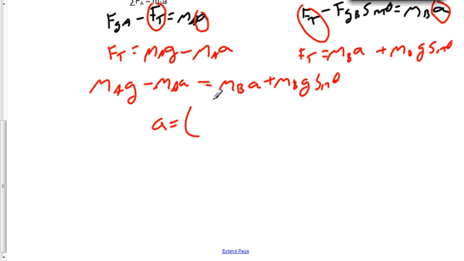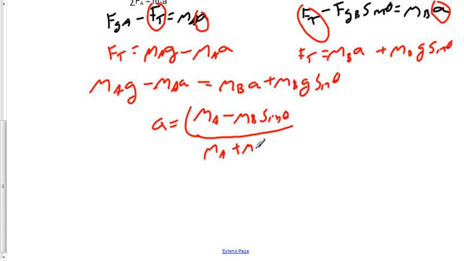What you should end up with is that the acceleration is equal to MA minus MB sine theta over MA plus MB, all times g.